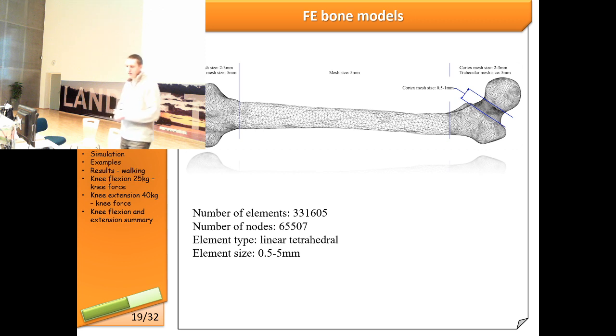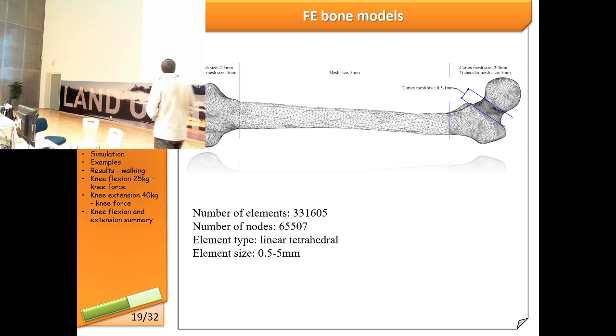Then this is a femur bone, which is the largest long bone in our body. This one was meshed specially, so in the middle we have a more coarse mesh, because that part was not so interesting. It has something like 5 millimeters, but the distal ends have a much finer mesh, including mesh which is less than half a millimeter in the neck zone, which was interesting from the perspective of stresses, because this is a highly loaded part, and usually if a hip fracture happens, it happens somewhere there.